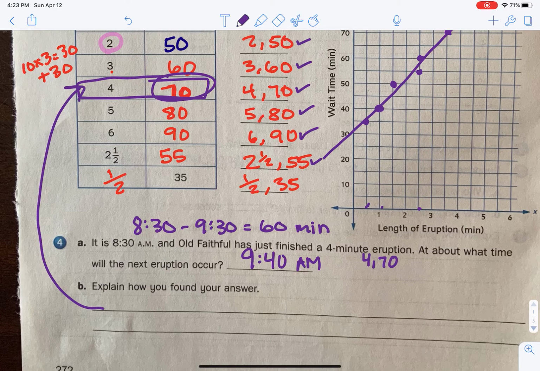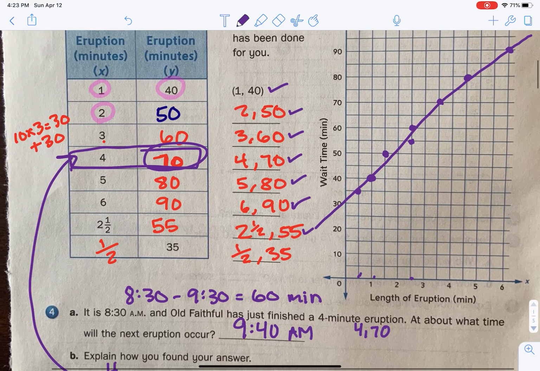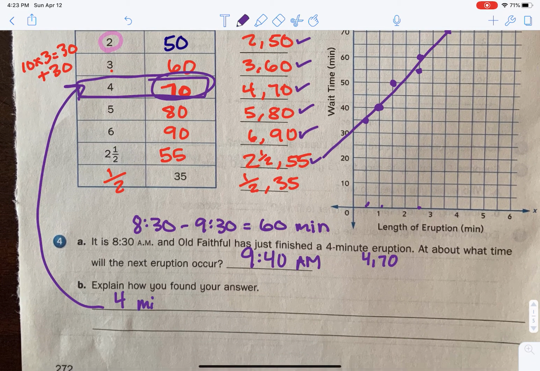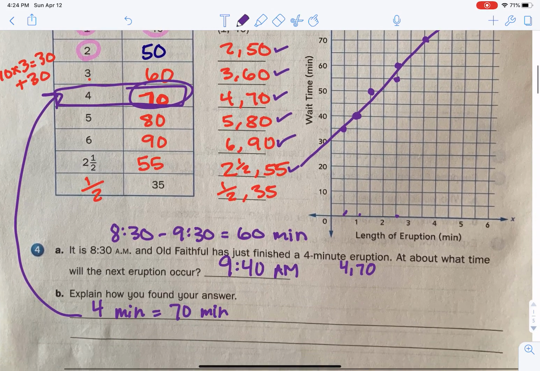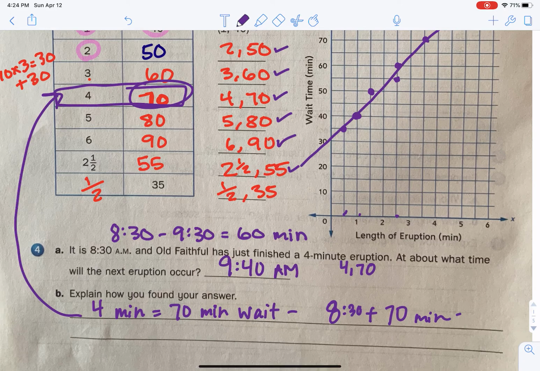We saw that if the eruption was 4 minutes, there was a 70-minute wait. And we added 8:30 plus 70 minutes. And then we figured out 9:40.